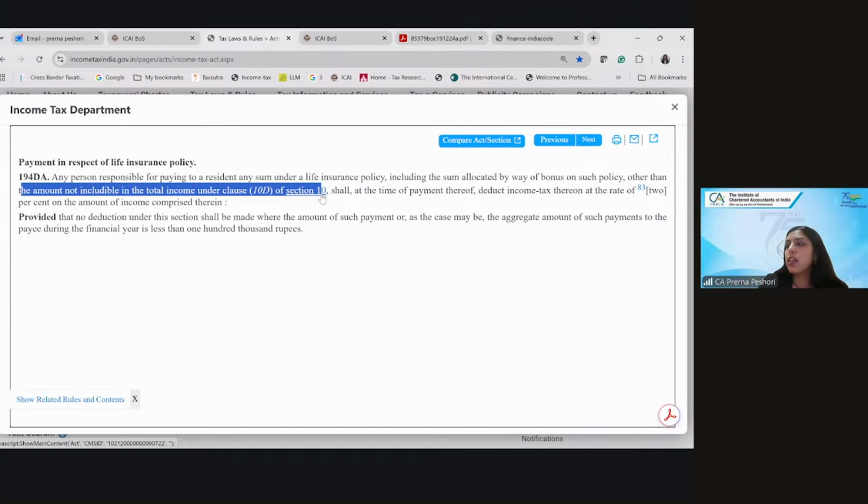What is 10(10D)? Exemption is available for life insurance. How much is the exemption?